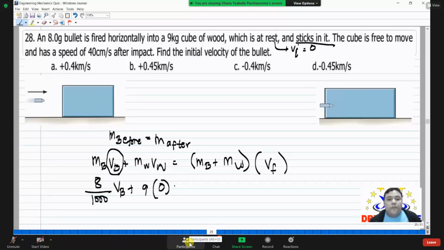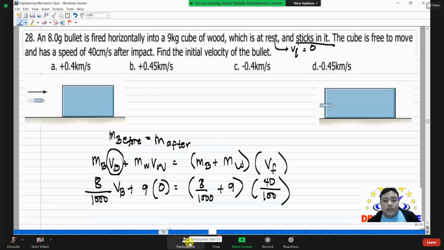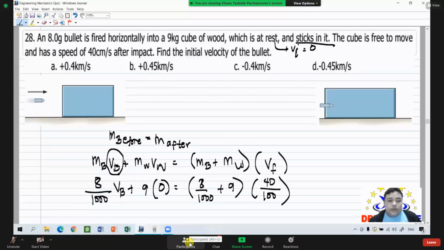So, starts from rest, so 0. That is equal to mass ng bullet which is 8 over 1,000 plus yung ating mass ng ating wood which is 9 kilograms multiplied by the final velocity. So, nag-move pa yung cube after impact. So, that is 40 all over 100 meters per second kasi.